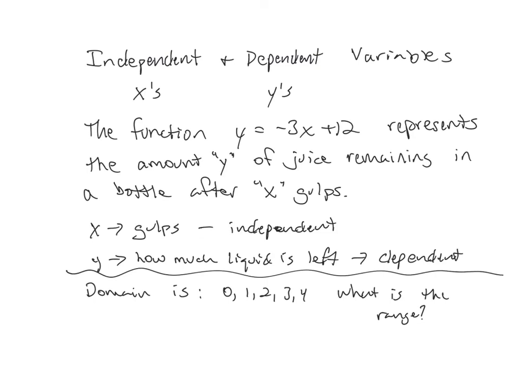Okay, well, that means I'm going to have to plug in those pieces of information. So if I have my function, and it said the domain 0, 1, 2, 3, 4, that means I have to plug in 0.